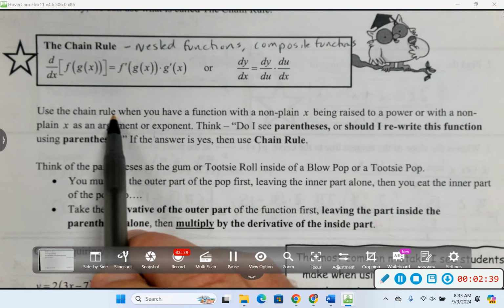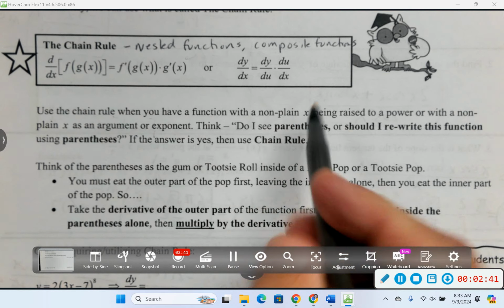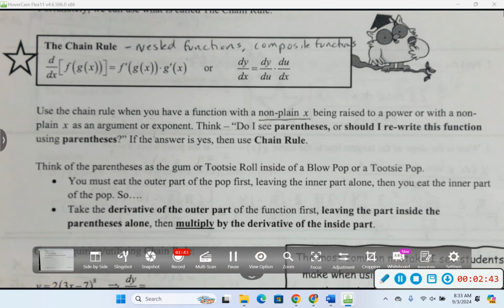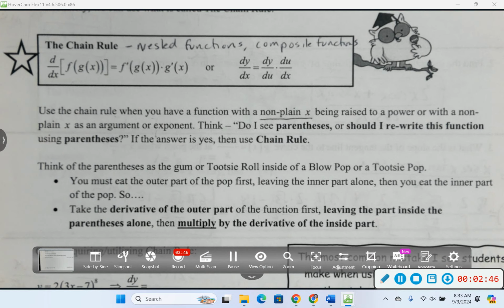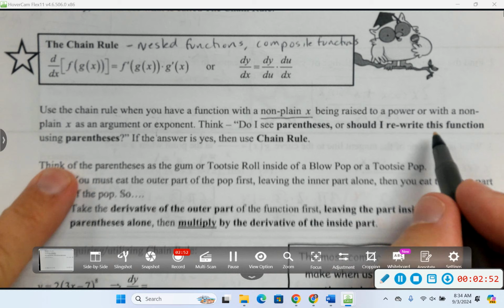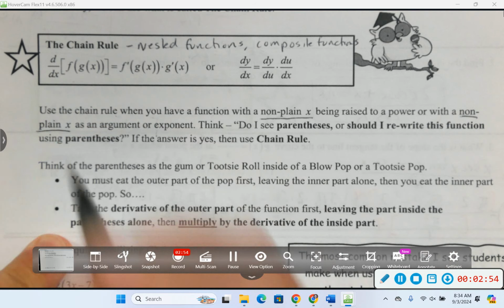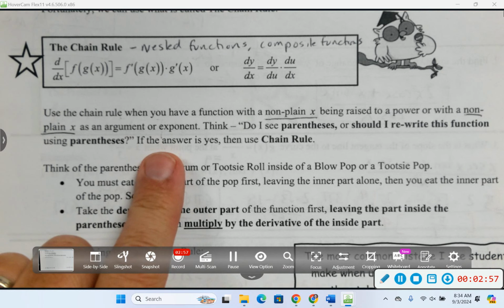Basically, you use the chain rule when you have a function with a non-plain x, meaning something other than just an x being raised to a power, like that (3x plus 1) squared, or with a non-plain x as the argument or the exponent.